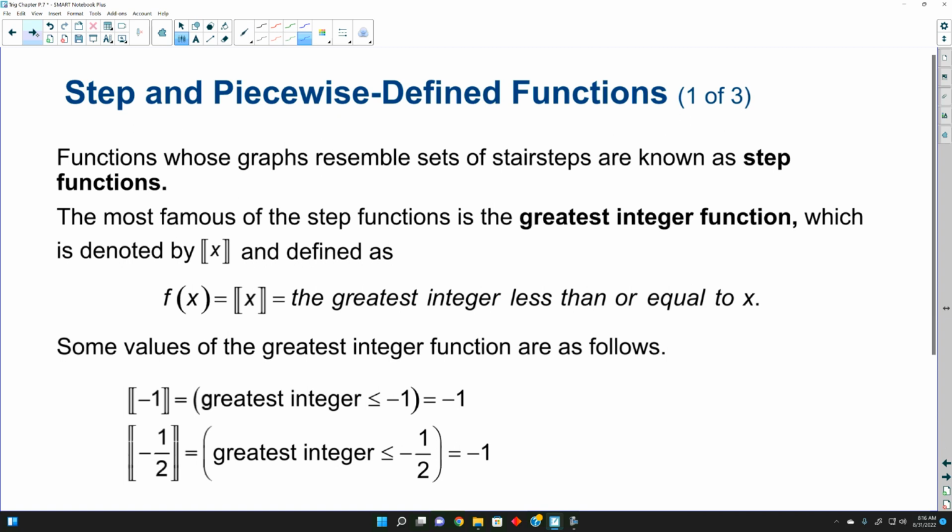It's the greatest integer less than or equal to x, whatever the value is. So if we take the step function of -1, the greatest integer less than or equal to -1 is -1. For -1/2, the greatest integer less than or equal to -1/2 is -1. We drop down to -1.